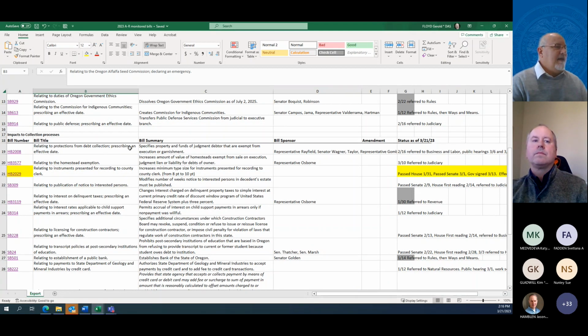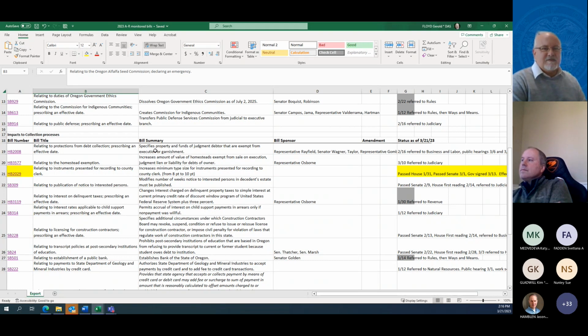House Bill 2008, this was probably the one that I was most curious to see what would happen with it. It significantly changed garnishment exemptions. My understanding is there's been some draft amendments. I don't think they're posted on OLIS yet.